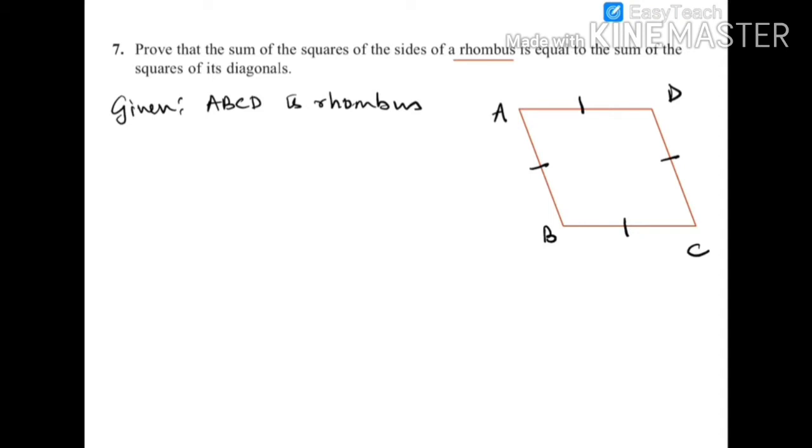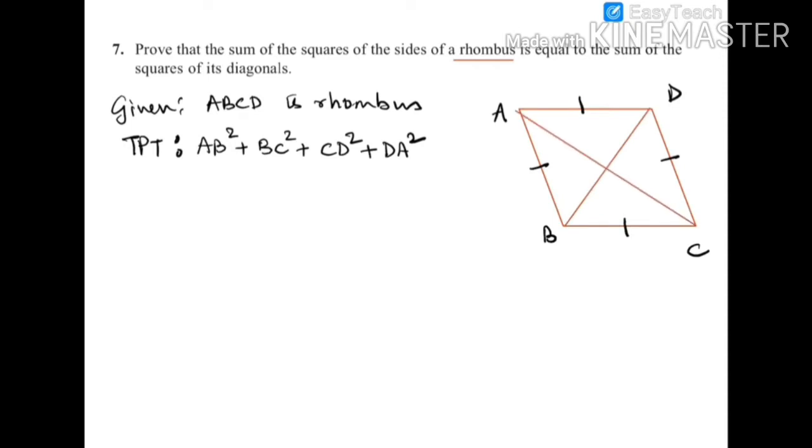We have to prove that the sum of squares of sides AB square plus BC square plus CD square plus DA square is equal to the sum of the squares of its diagonals. The diagonals are BD and AC. So we have to show that this is equal to AC square plus BD square.